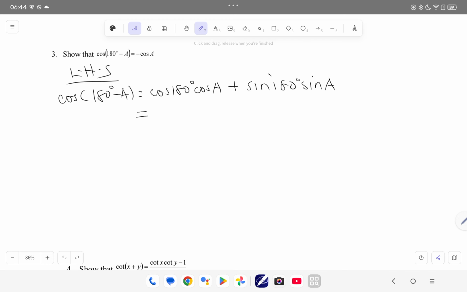The cos of 180 degrees is negative 1. How have I got this one?